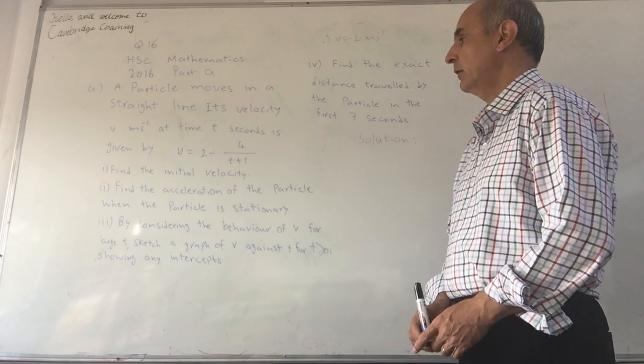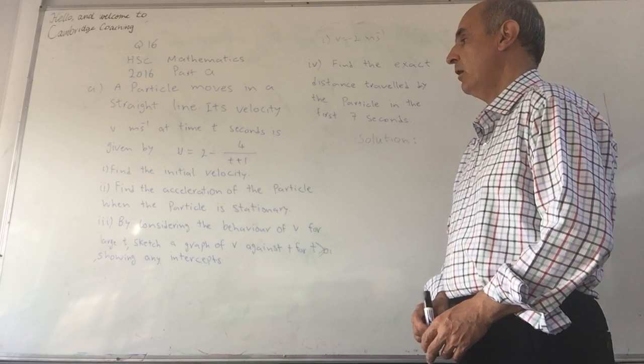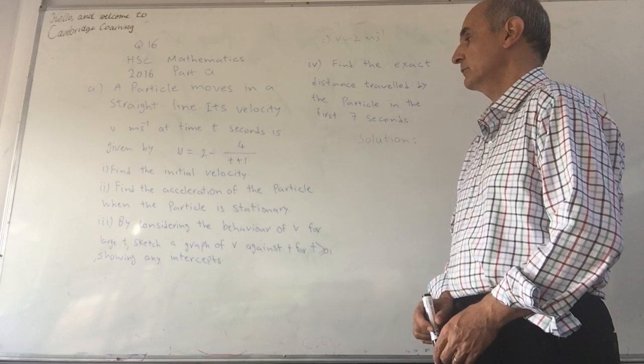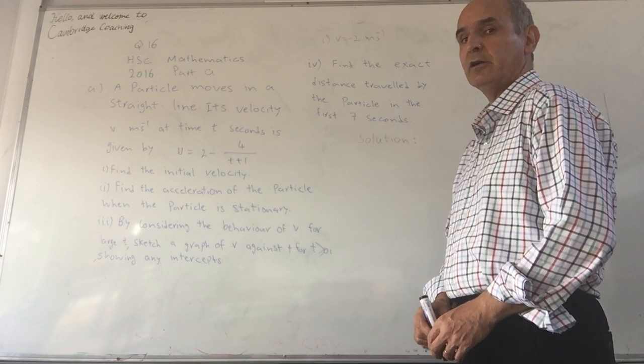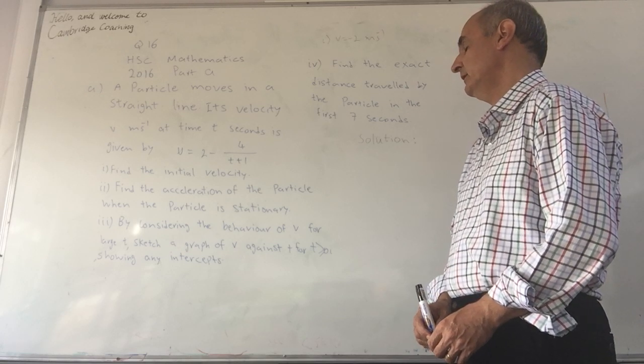Part 1 is asking to find the initial velocity. Part 2 is asking us to find the acceleration of the particle when the particle is stationary.